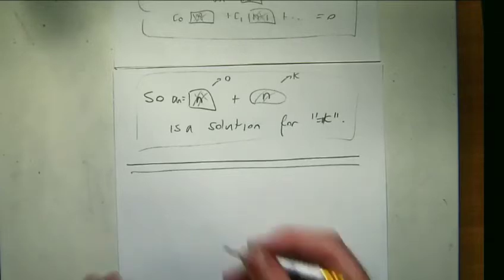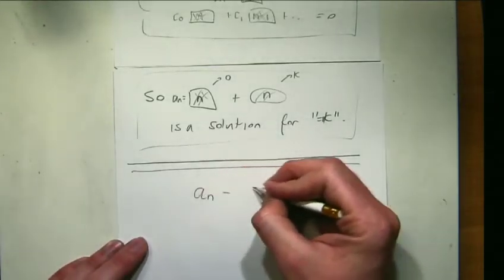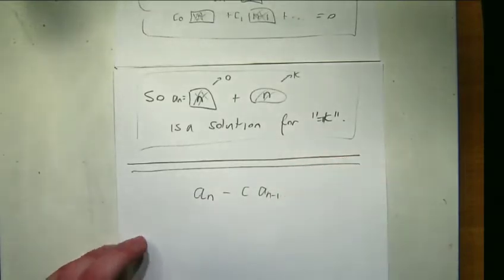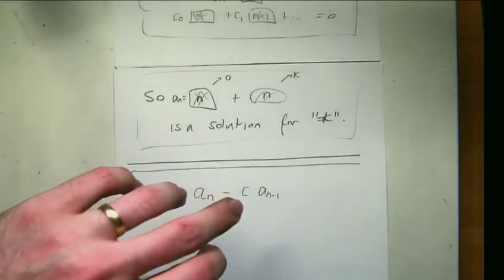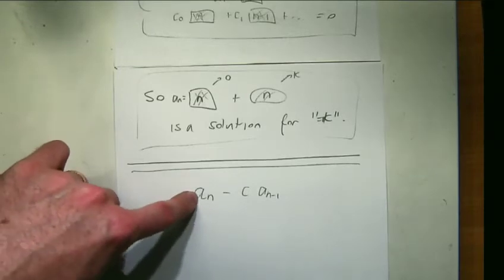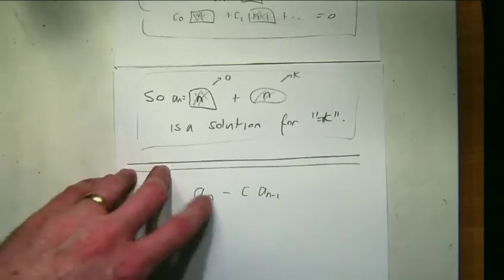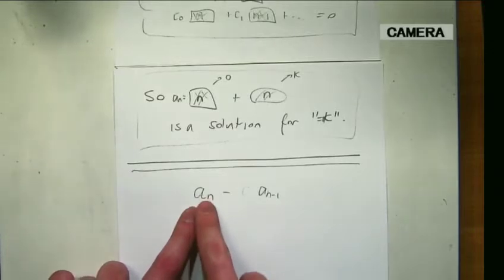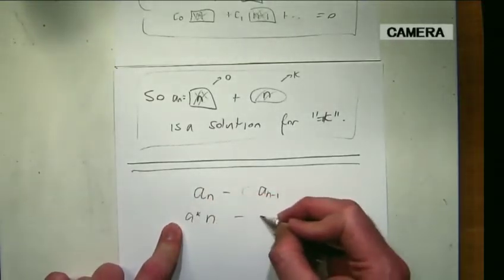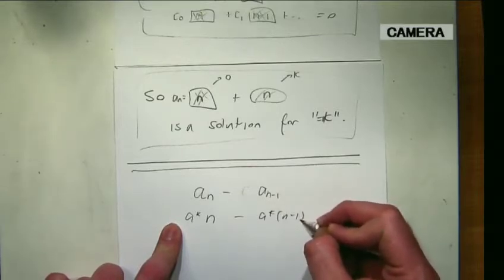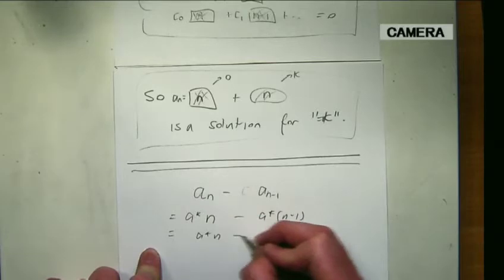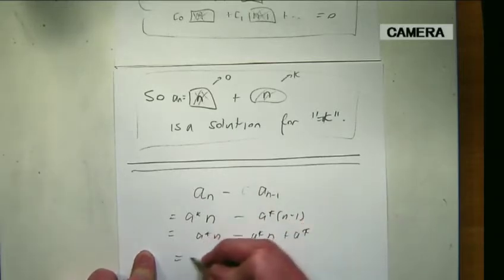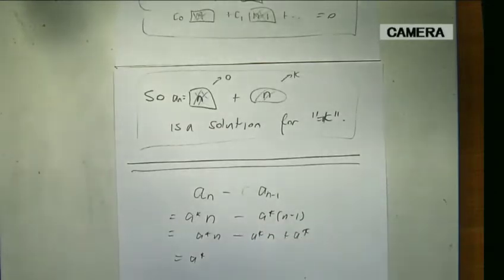And so the concept is that, at least with the first order ones, if a_n is something times n, and this is a star times n, and this is a star times n minus 1, then what you'll get is just a star n minus a star n plus a star, and you'll just get a star.